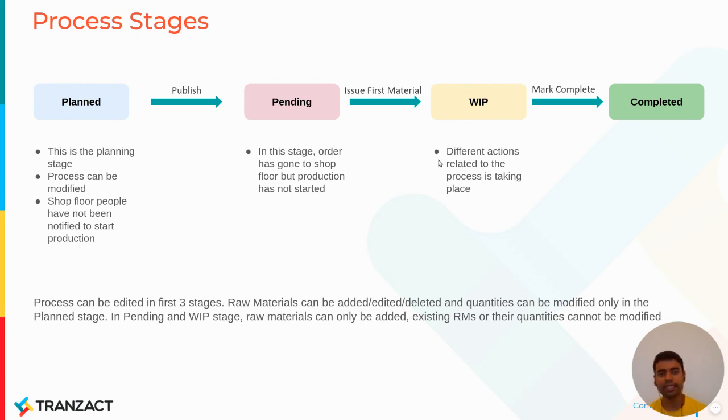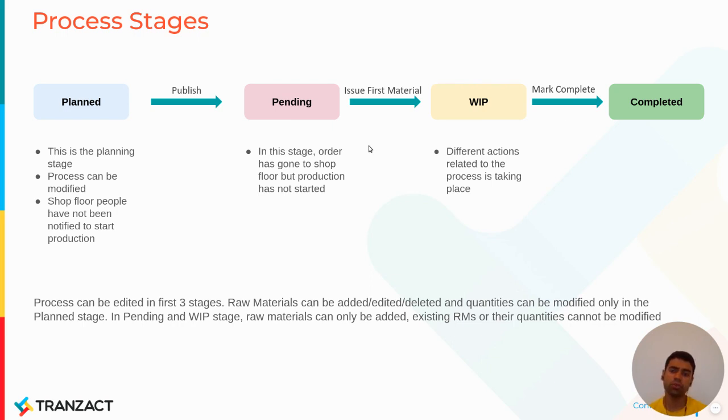In this stage, all the different kinds of actions are taken on the production order, which includes issuing raw material, producing finished good, and testing. Everything happens here. Finally, when everything is done, the production order is marked as complete. These are the various stages the production order goes through.